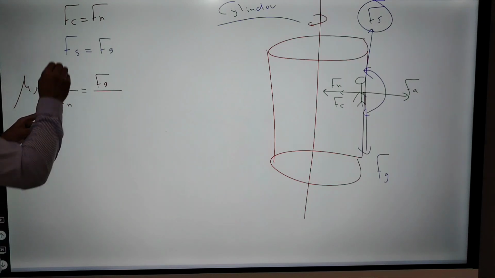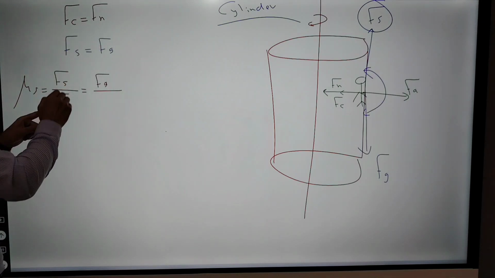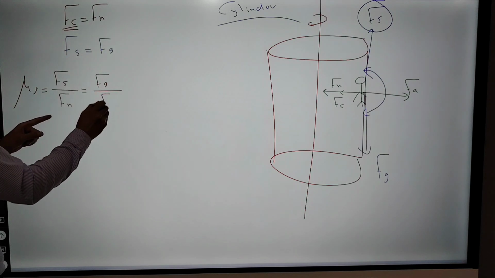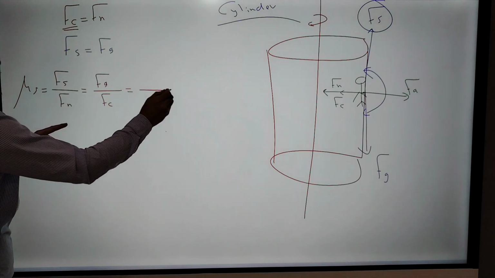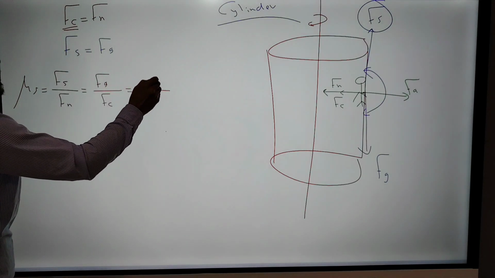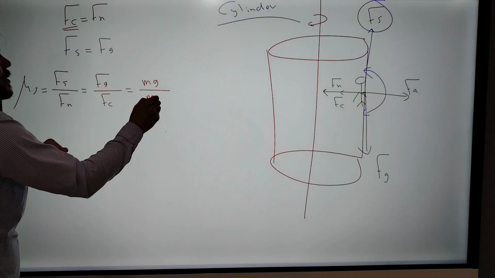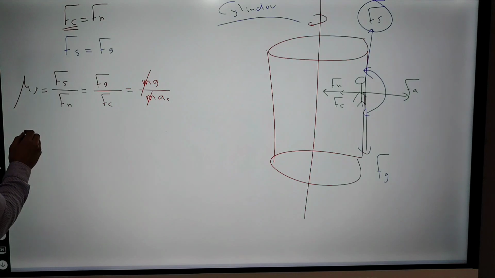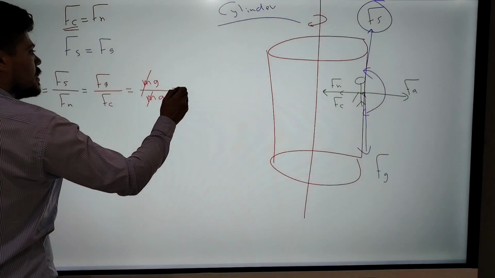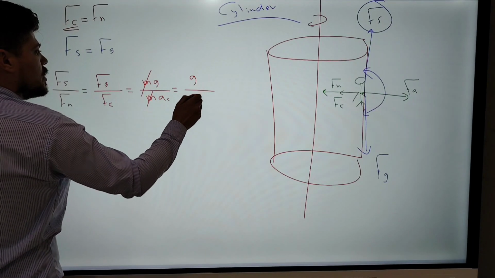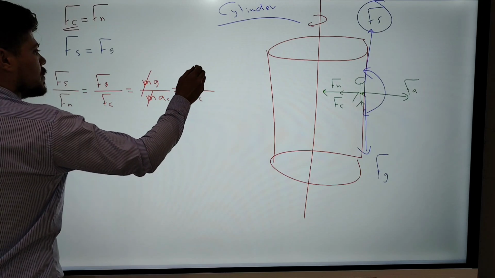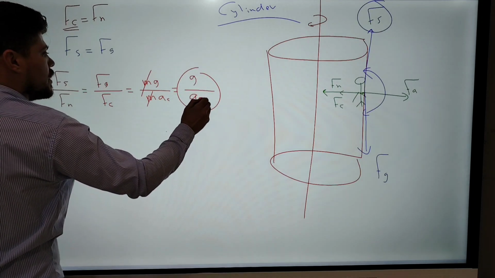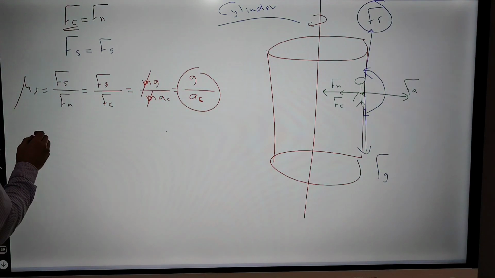What about the normal force that provided the centripetal force? Normal force equal to what? Fc. Okay? Fg is equal to what? Mg over mac. M with m cancel. Mu s is equal to g over ac.